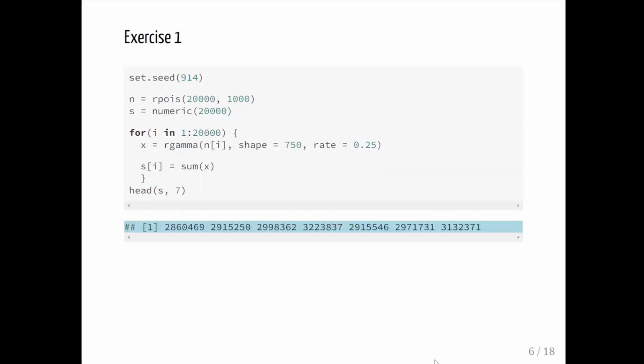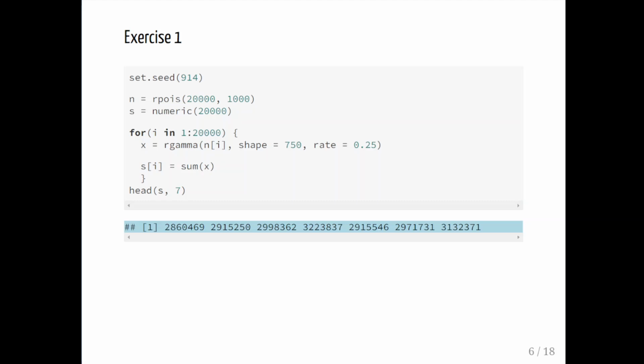Understanding the problem: we're going to run 20,000 iterations of this experiment. There's a couple of steps to set things up. We set the seed at 914. Then we create a vector called n, which contains the number of claims for each iteration.